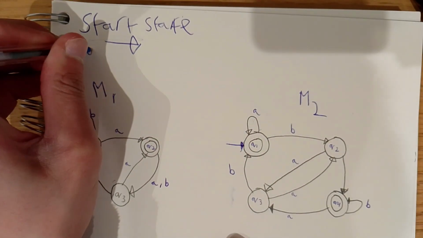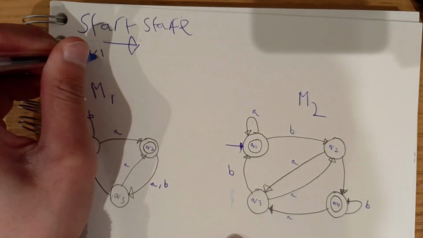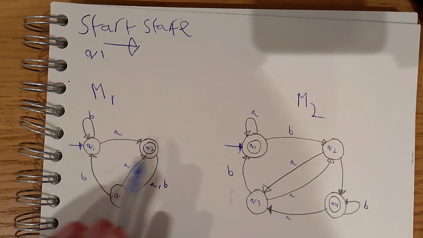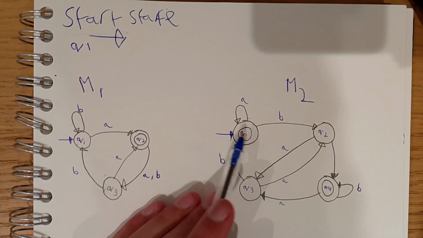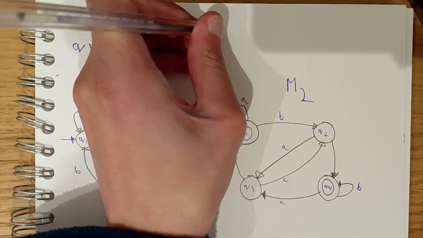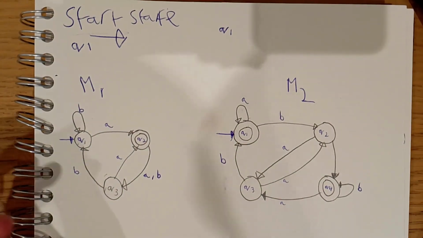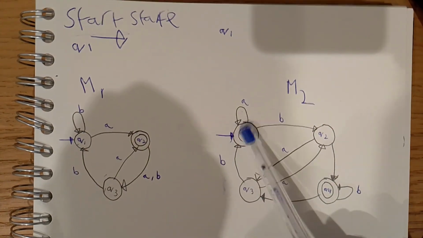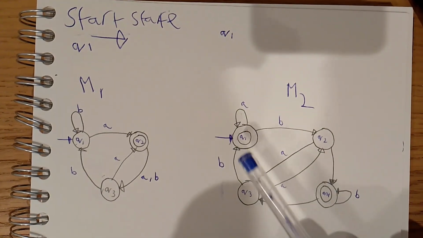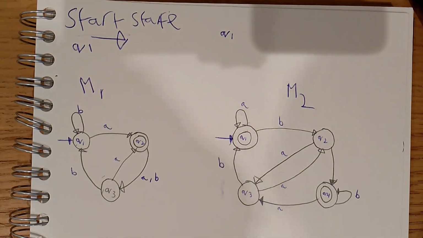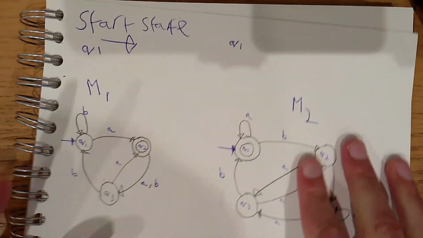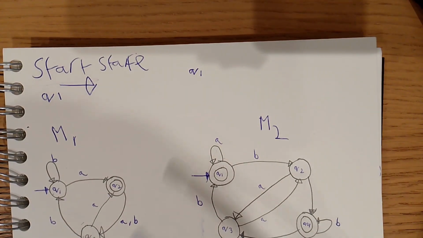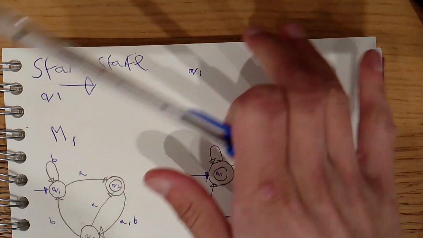So Q1 is the start state for M1, and in M2, the arrow is also in Q1. And yes, you do see that the accepting state is in the start state. That is allowed because each state can be accepted. You can accept nothing, and that's fine. We will talk about the nothing a little bit later.